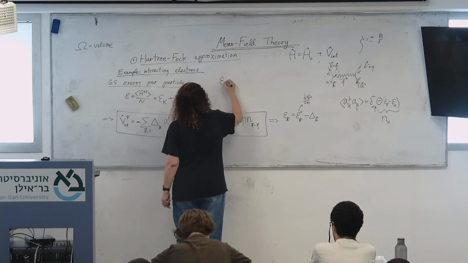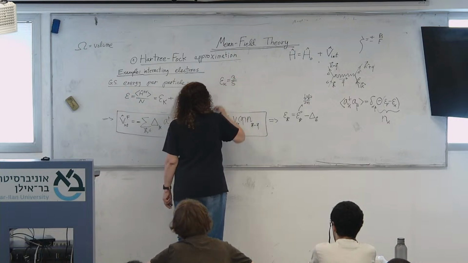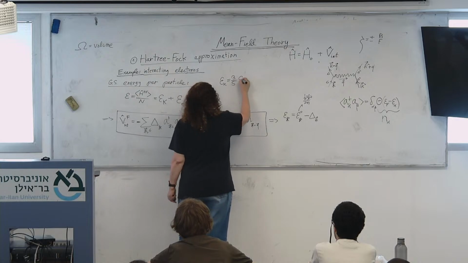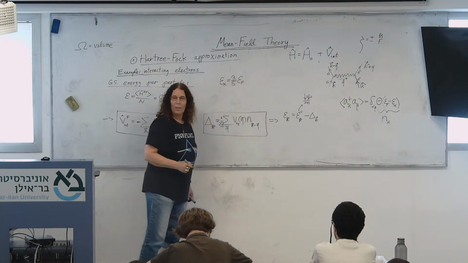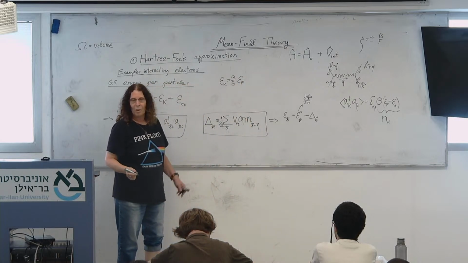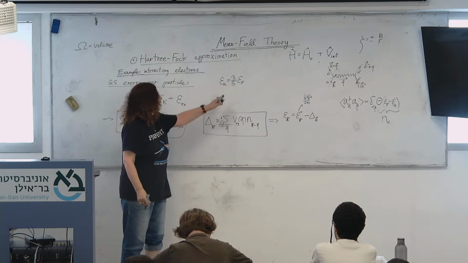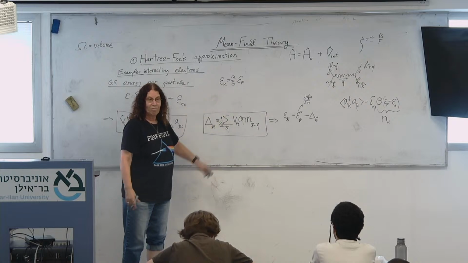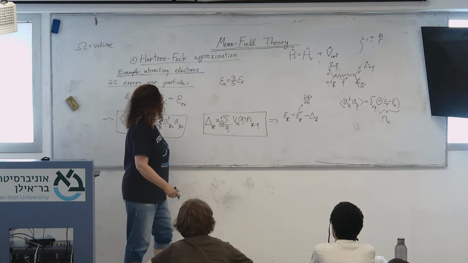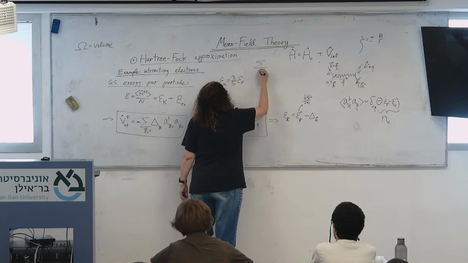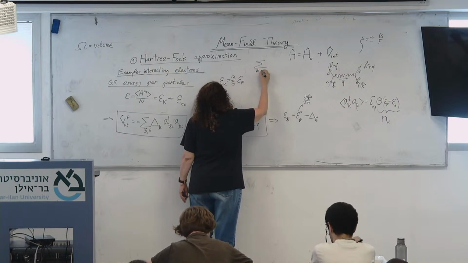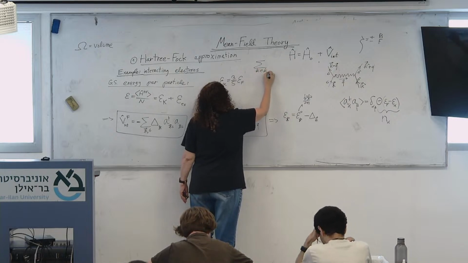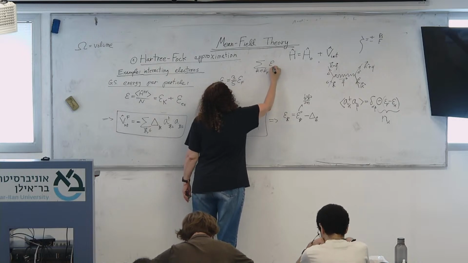What are they? Epsilon k is, I hope you remember from your undergraduate or statistical mechanics, just what you get if you sum over k of epsilon k.